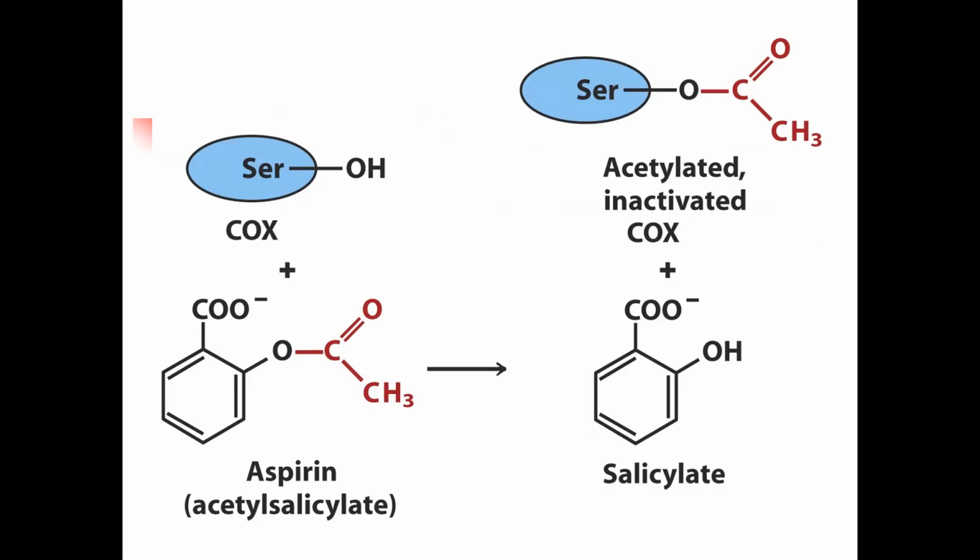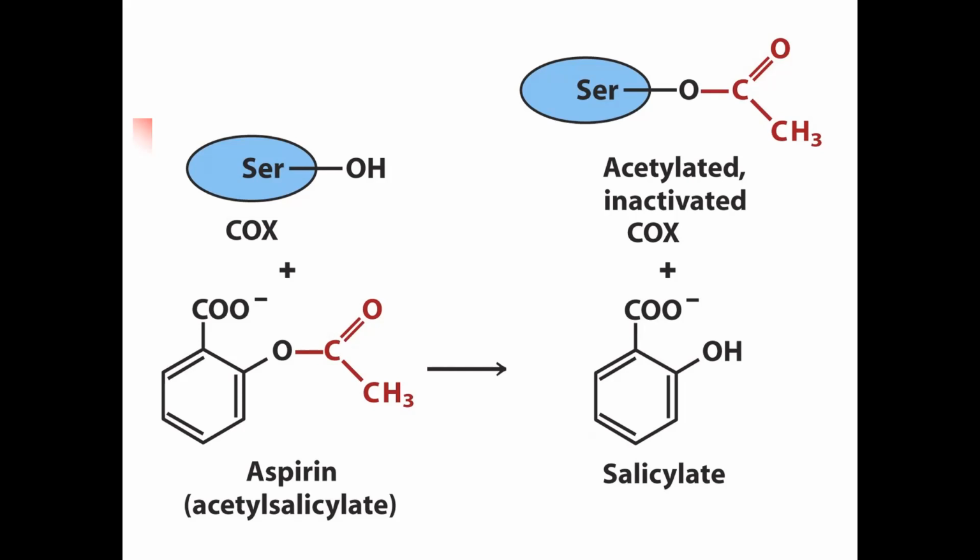That salicylate, this hydroxyl group, the serine that's actually in the active site, is going to be attacked by this carbonyl carbon. This carbonyl carbon is electron poor, so the electron greedy oxygen will attack this. That is a nucleophilic attack. It'll form an acetylated serine that permanently inactivates the COX.